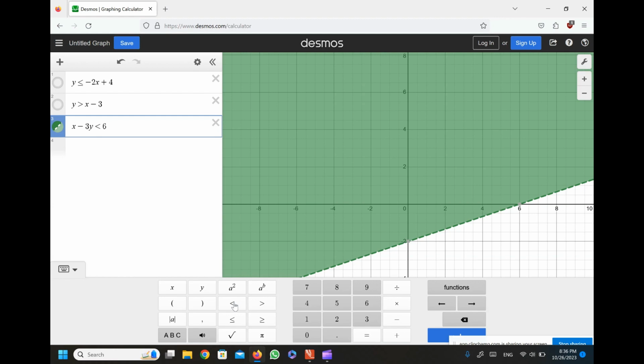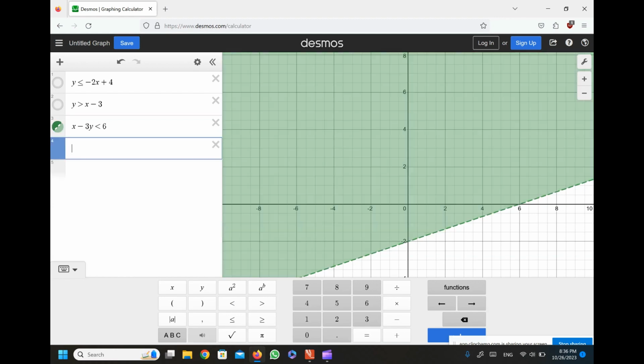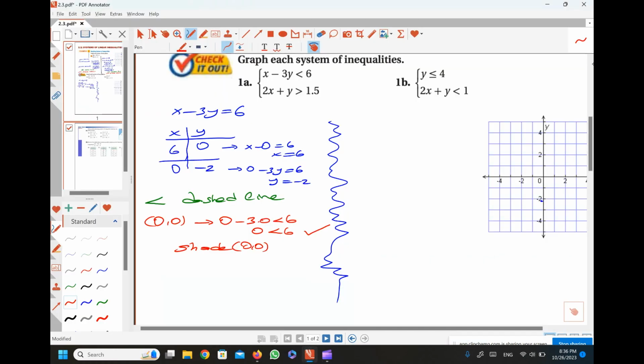So let's try the second one. The second inequality, 2x plus y is greater than 1.5. To find intercepts, you're writing equation 2x plus y is equal to 1.5.